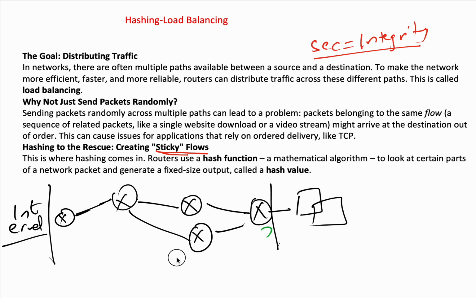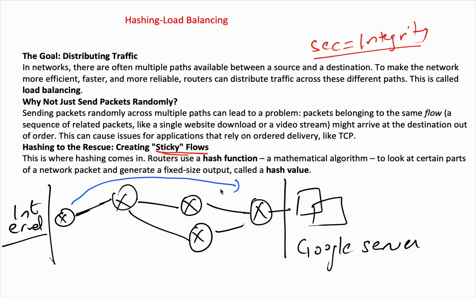Now, how does it decide? For the first time, for example, if my packet went through this route, this is the Google server. A router receives a packet that needs to be forwarded and has multiple equal cost paths.